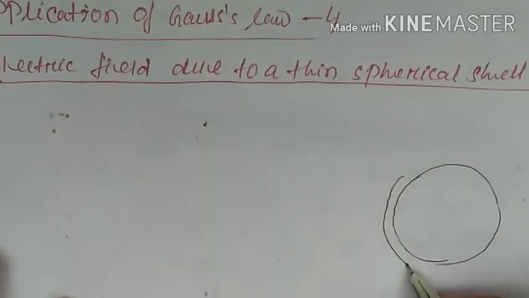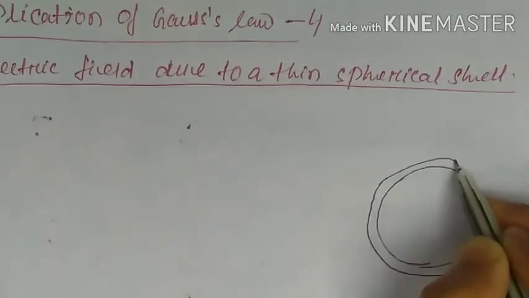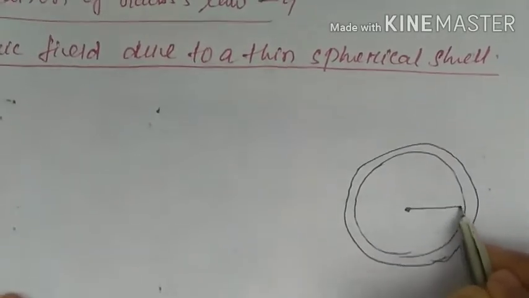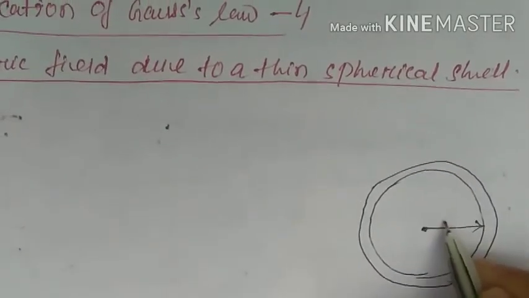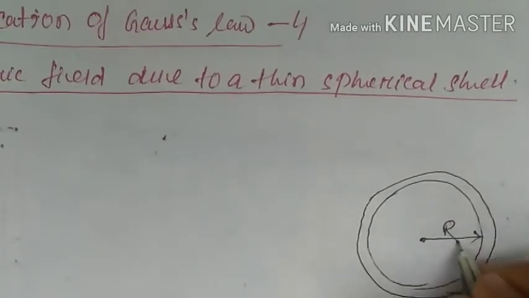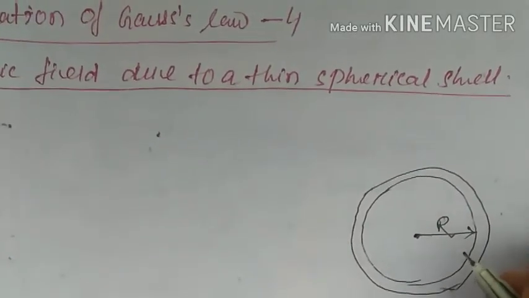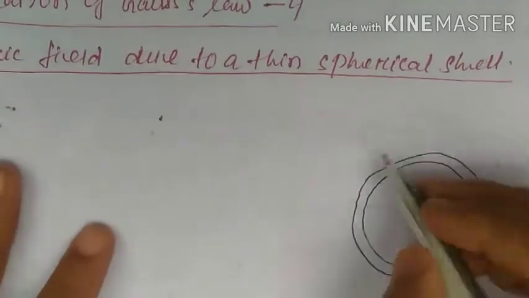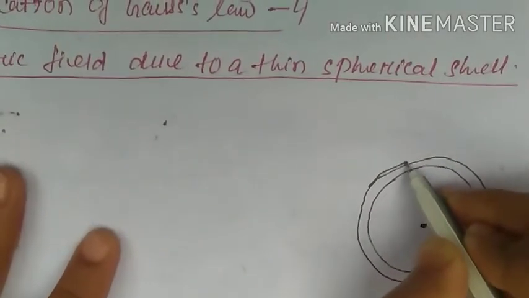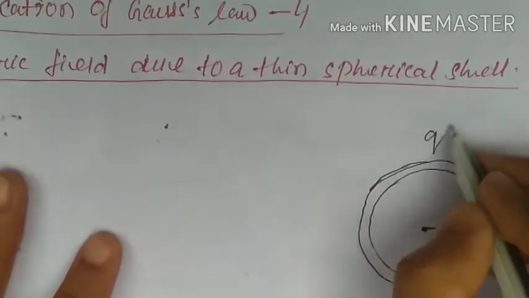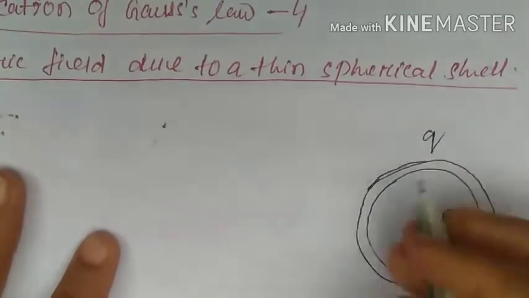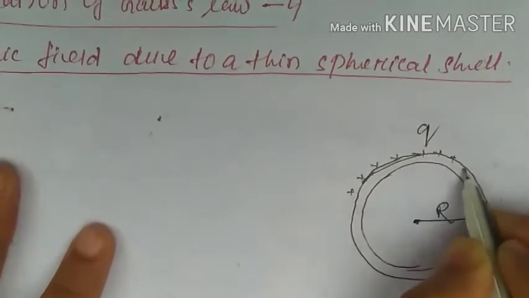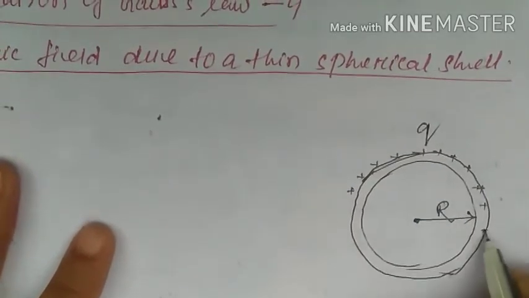This is my cell. It has, suppose, radius capital R. Then I will apply a charge Q such that all the charges will reside on its surface.